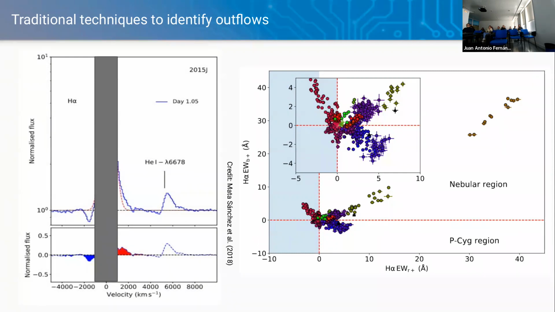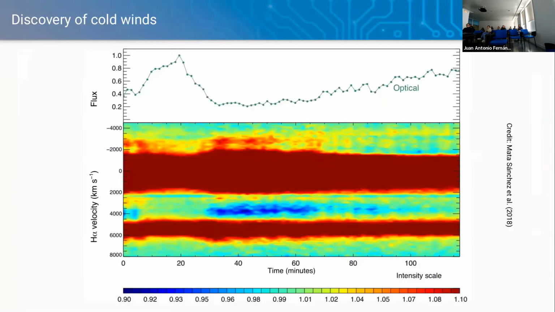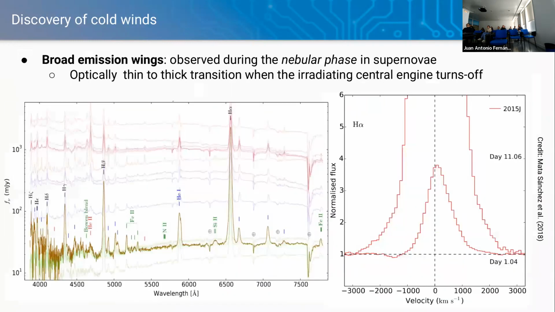How high is the equivalent width for the actual line, and how does it change from the quiescent phase to the outburst? Yeah, that's actually a good question. I will show you these were all the different spectra for this particular system within the outburst. This was probably the most extreme case that we have seen for the H alpha evolution.